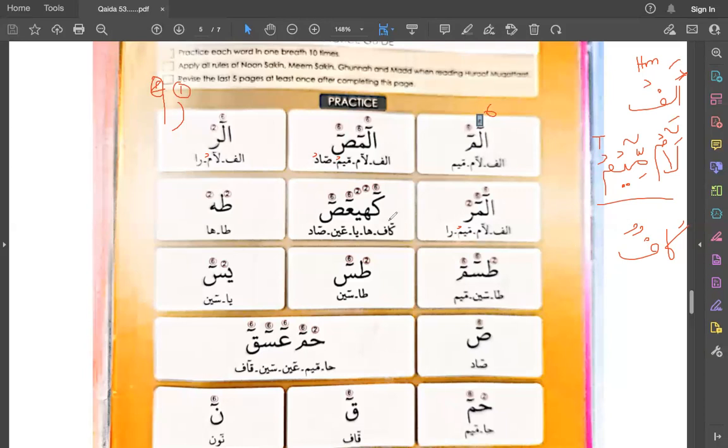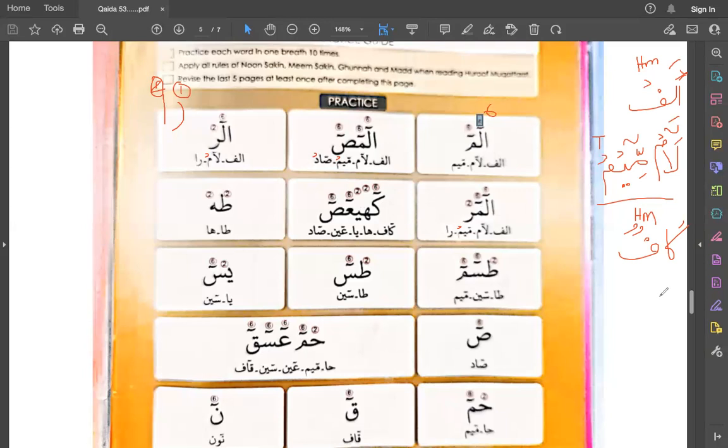So kaf will be six counts long. There will be hums on fa.